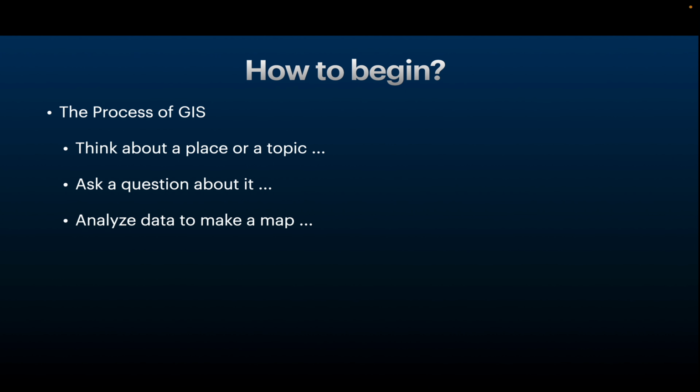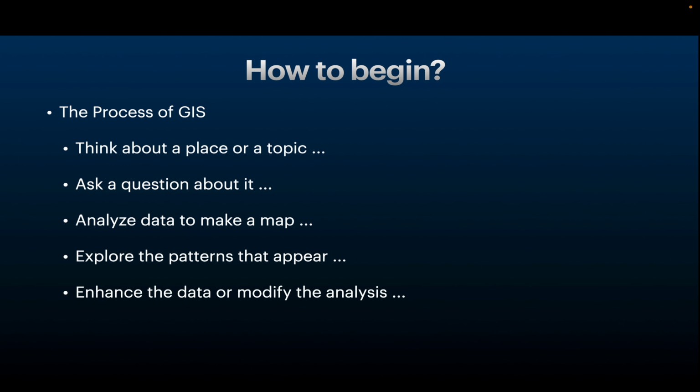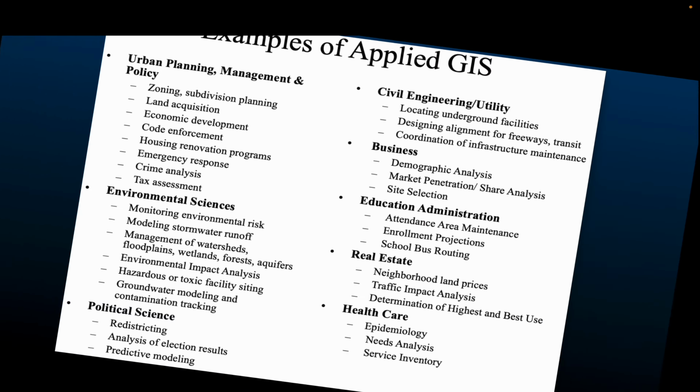Analyze data to make a map, decide which data you will need, explore readily available data, make your own data, use some raster file, just like initially we saw the example of the Bihar leprosy data, how they analyzed the leprosy data and used the GIS system to focus on the area where they can get the maximum cases, maximum yield. Explore the patterns, enhance the data or modify the analysis, ask a new question, repeat. So this is how it can be done.